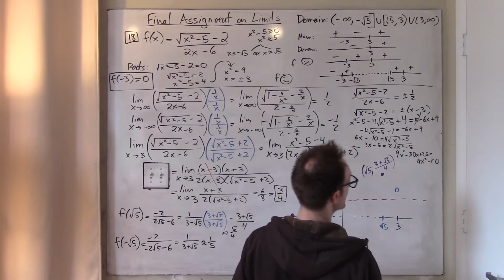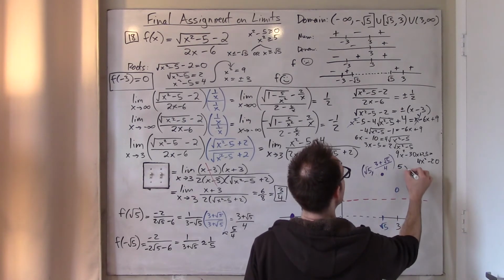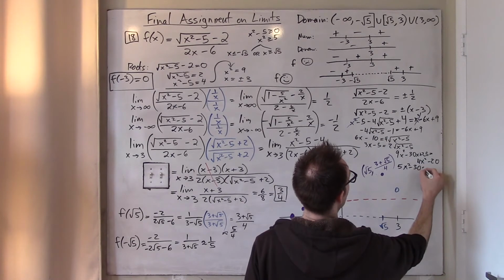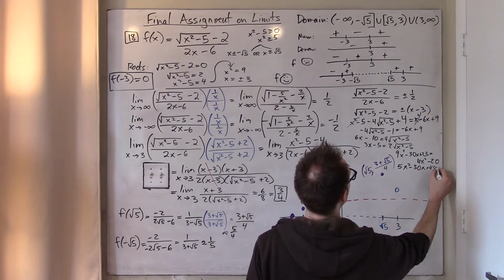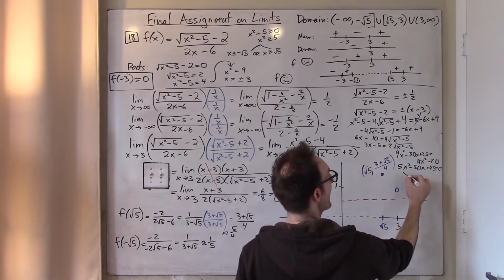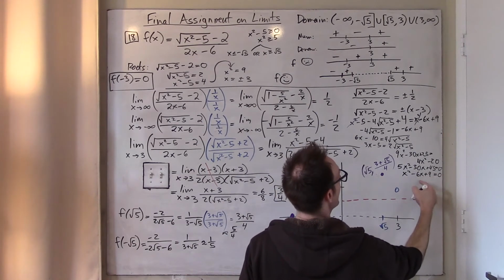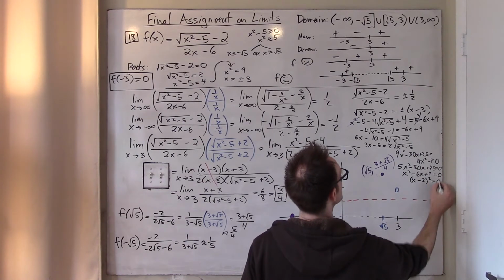And thus, what do I get? 5x squared minus 30x plus 45 equals 0. Divide through by 5, that gives me x squared minus 6x plus 9, and that's just x minus 3 squared equals 0.